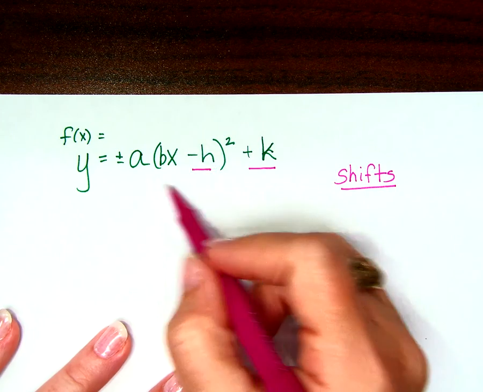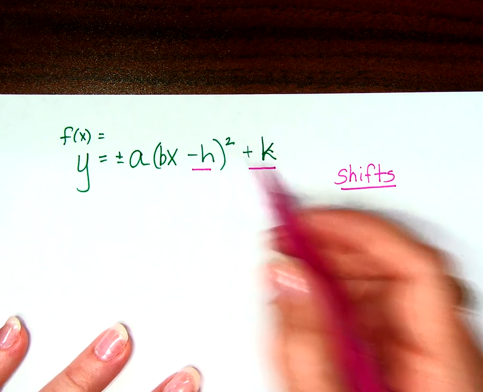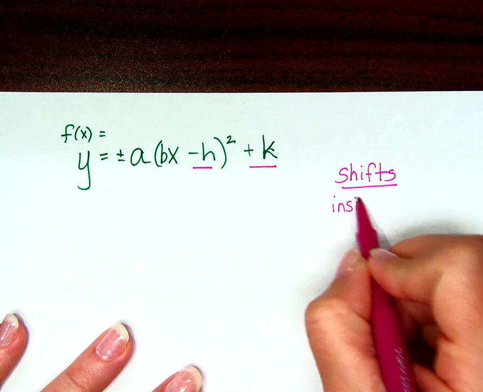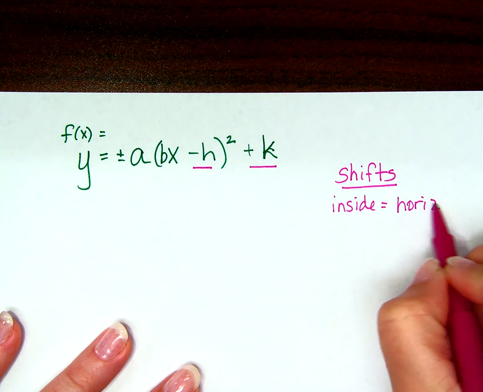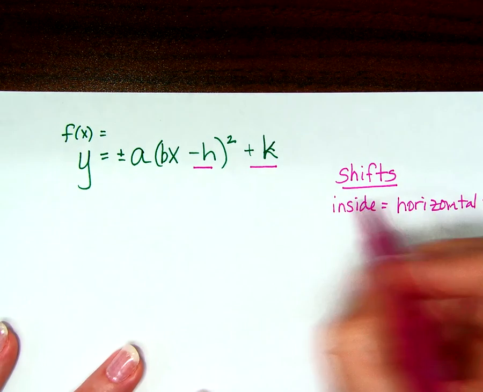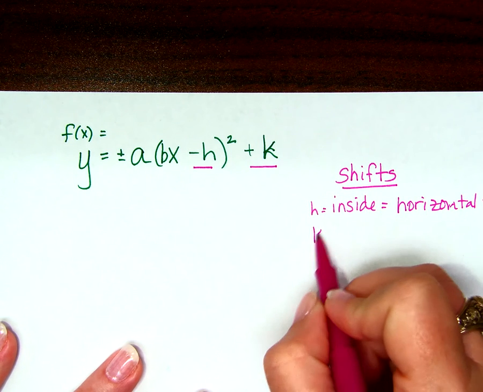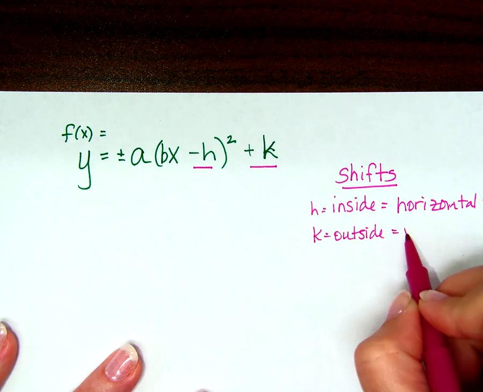If it's inside of the function, see how this is inside of the squared part? If it's inside, then that is causing a horizontal shift. If it's outside, like the k is, that's causing a vertical shift.